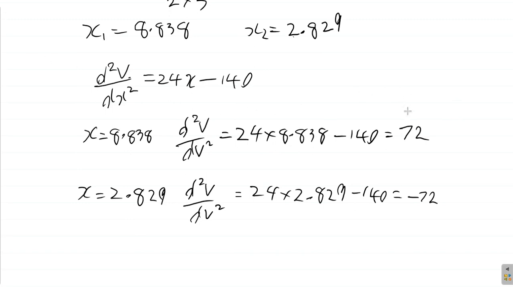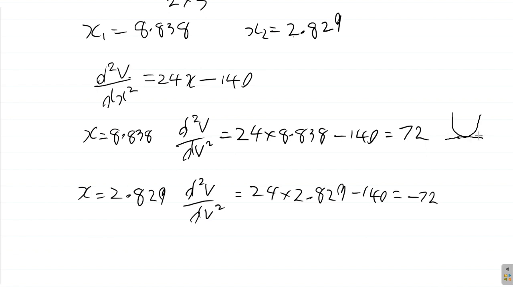When you have the second derivative substituted and it's positive, it means there is a minimum value. Remember that the second derivative is telling you what happened immediately after you pass the point.